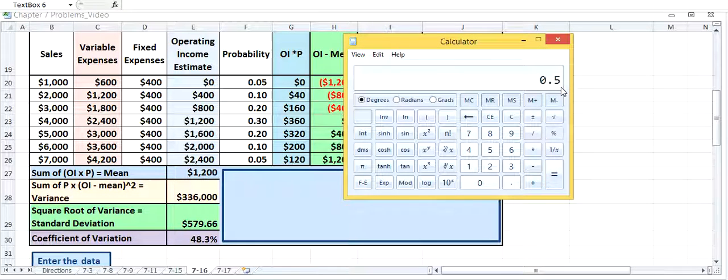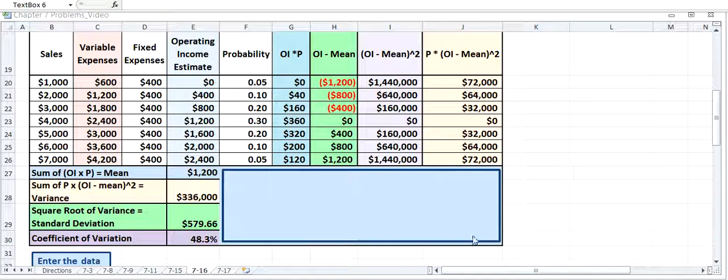So you can see that the percentage changes here are greater, which makes sense: with this fixed expense factored in, our operating income estimates are more volatile than our sales were. So that's going to give us a higher business risk, or a higher coefficient of variation.